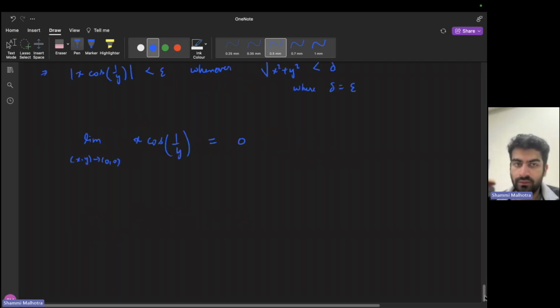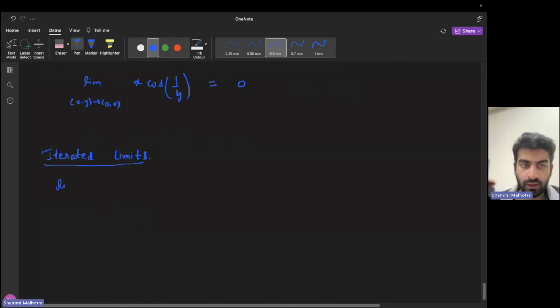So next we will see iterated limits. What happens to the iterated limits? Okay, so let's start with the first iterated limit: the limit as y tends to 0 of the limit as x tends to 0 of x cos(1/y).